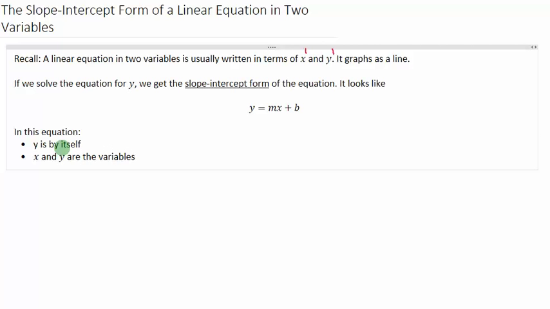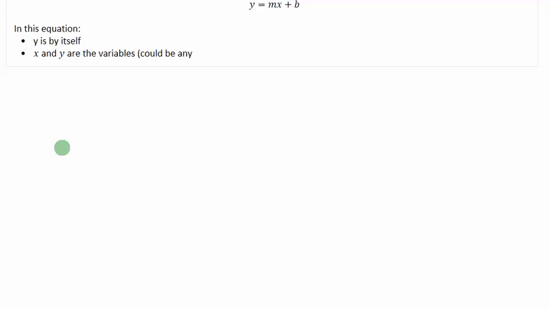They can change. In fact, what do they represent? They could be any ordered pair on the line. Okay, so x and y can change. They vary. So what does that tell us about m and b? M and b are constants. And what that means is they are fixed numbers that don't change.